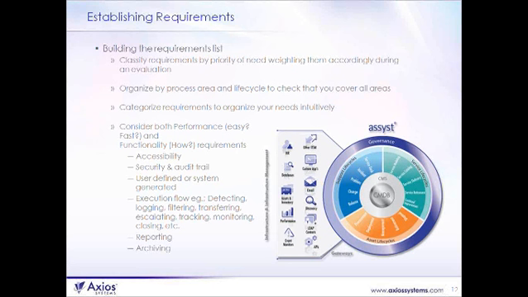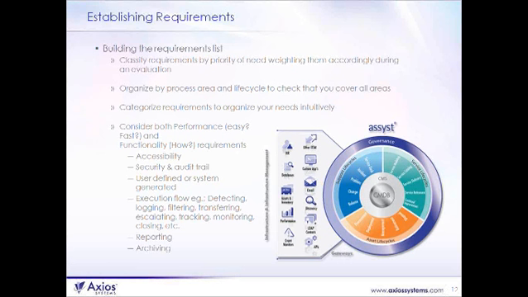And I've listed some examples in terms of structuring and categorizing within each process area, some intuitive ways to look at documenting requirements. So you might have accessibility requirements, security requirements, user-defined or system-generated requirements, the execution of a particular workflow.